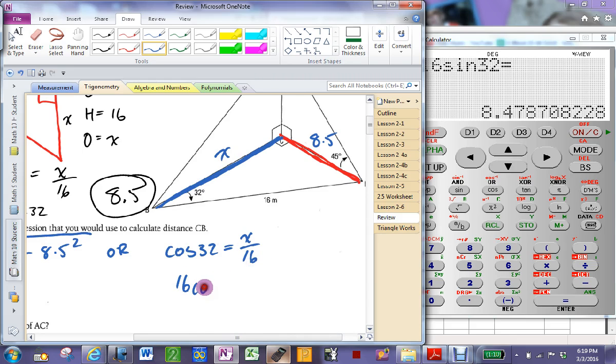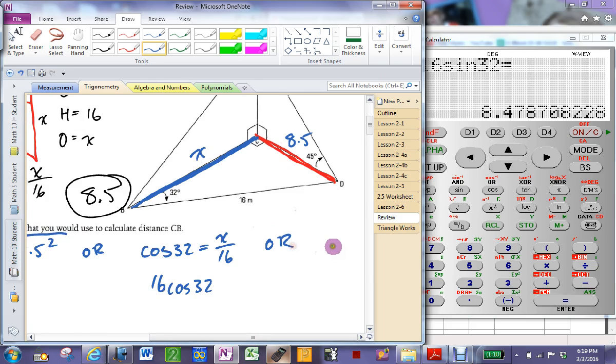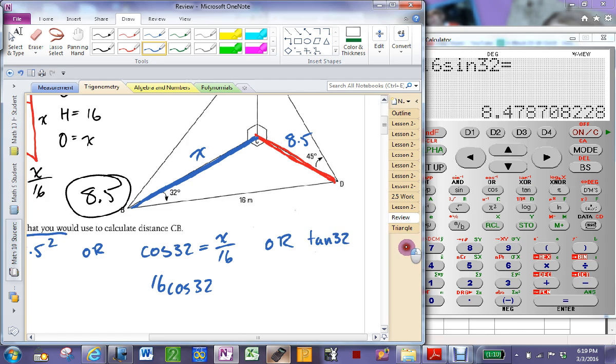So 16 cos 32, that would work. Or you could do tan 32 equals 8.5 over x, and then do 8.5 divided by tan 32. All of those would work.